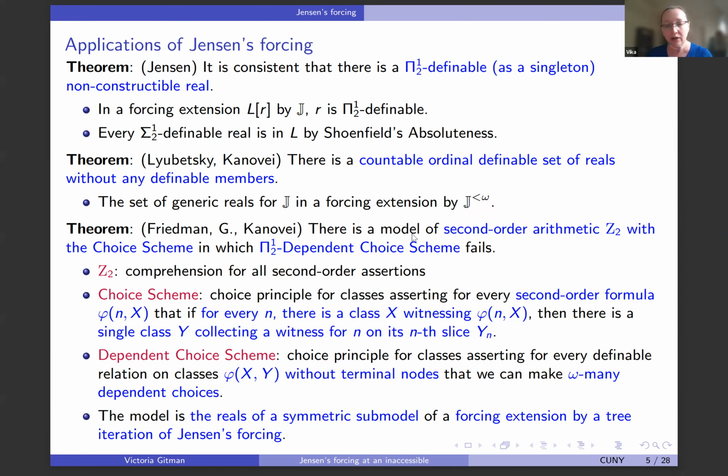And so it's a theorem in Simpson's book that there is a model of full second order arithmetic with the choice scheme in which the Pi^1_2 dependent choice scheme fails.